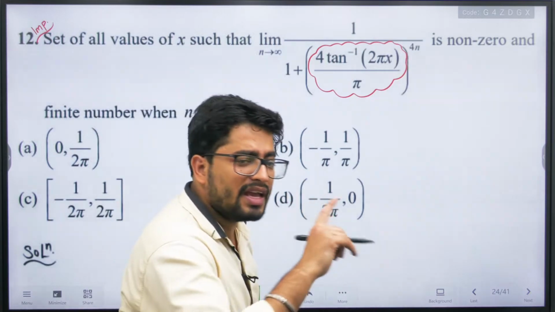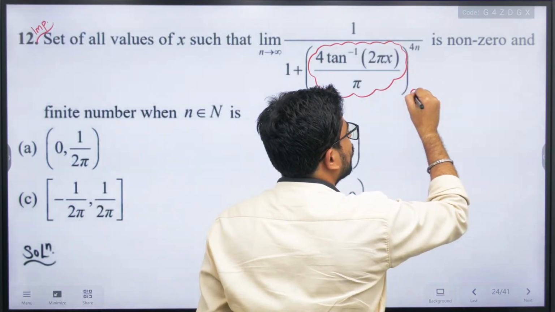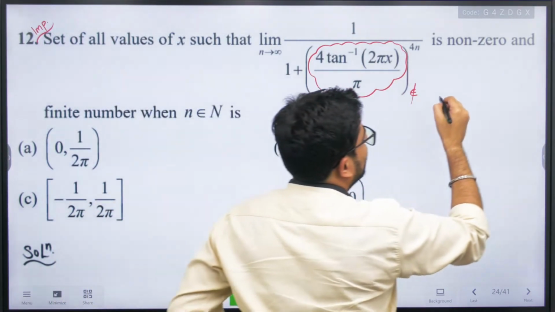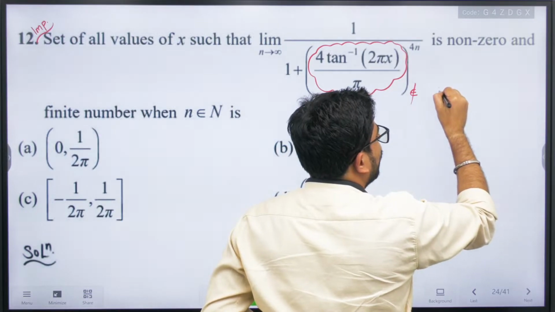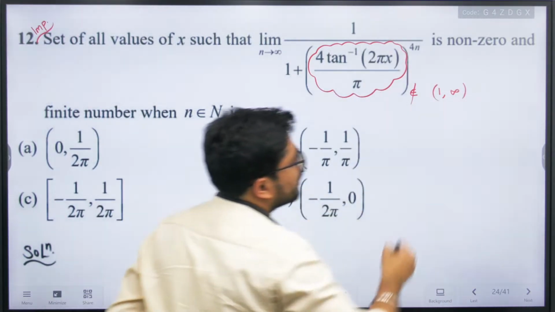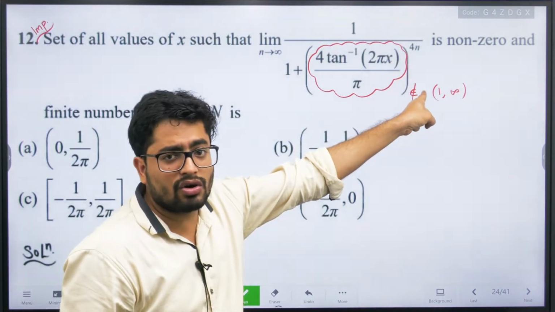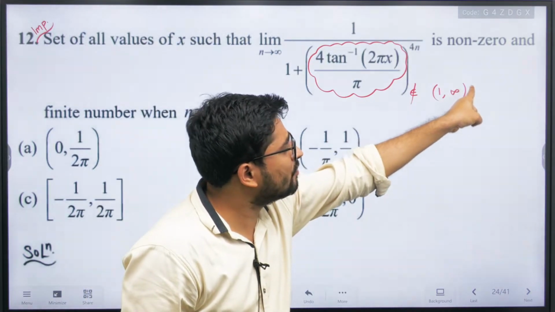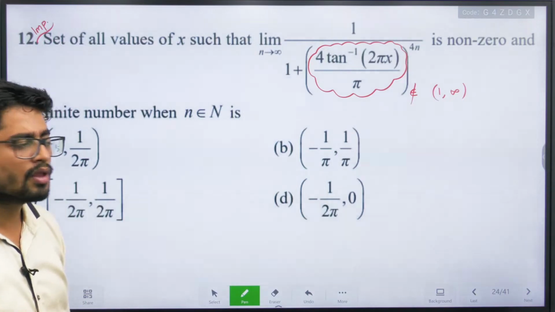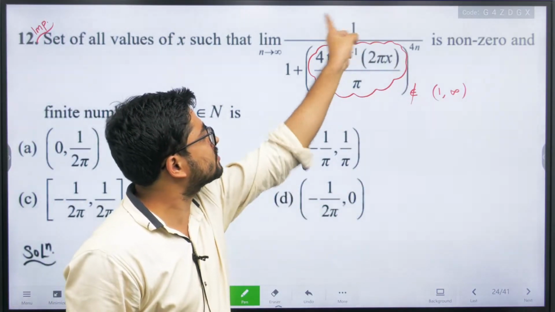So this thing cannot belong to where? Greater than 1, means 1 to infinity. Yes, that thing does not belong to 1 to infinity. Yes or no? Got it? No problem. Because if this is in 1 to infinity, then the whole thing is infinity, and this limit is what?